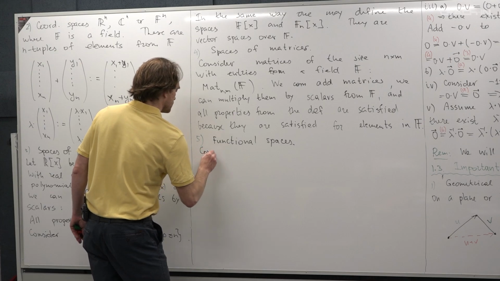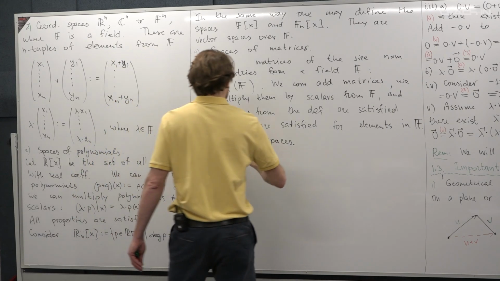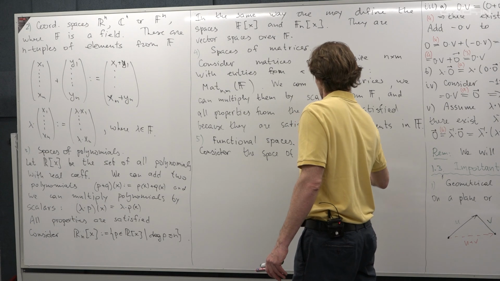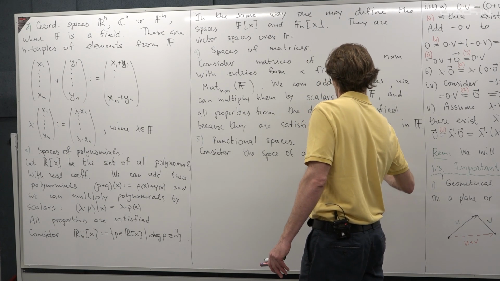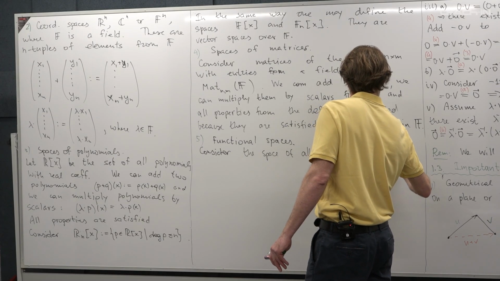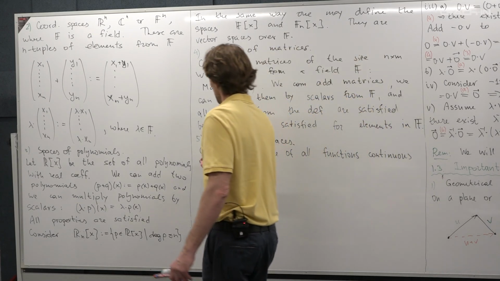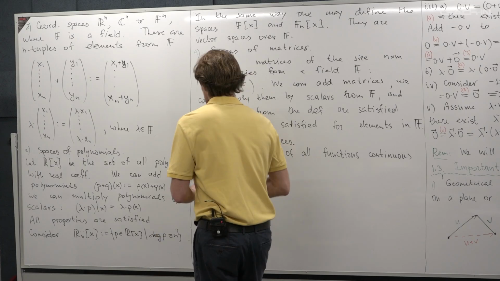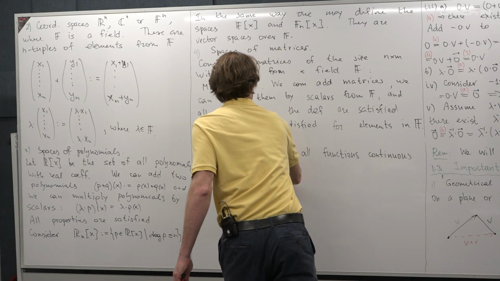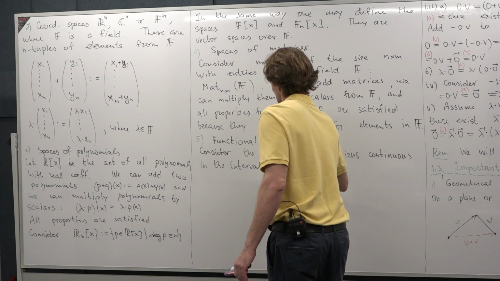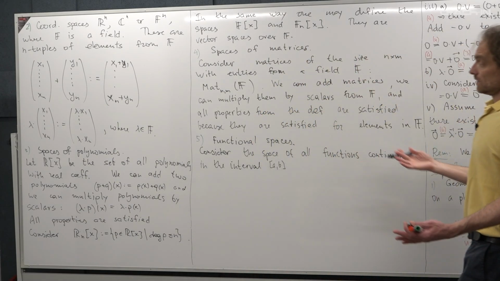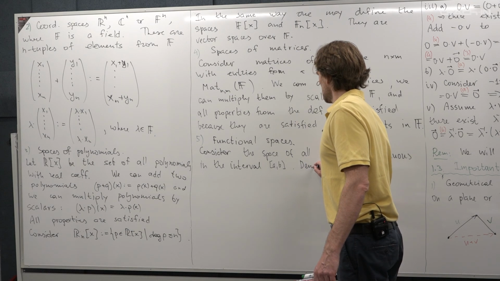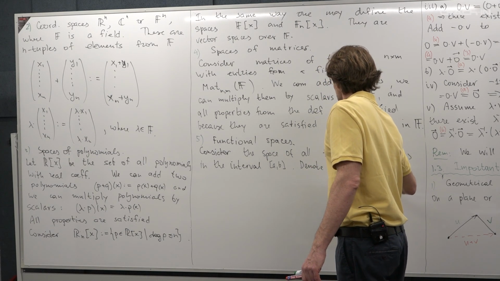Okay, example number 5, or maybe better to say a class of examples, functional spaces. So consider the space of all functions continuous in the interval from A to B. This is a huge set of functions, and we will denote it by C(A,B).